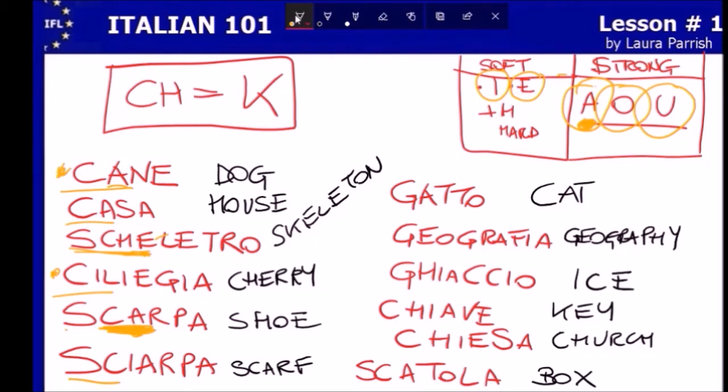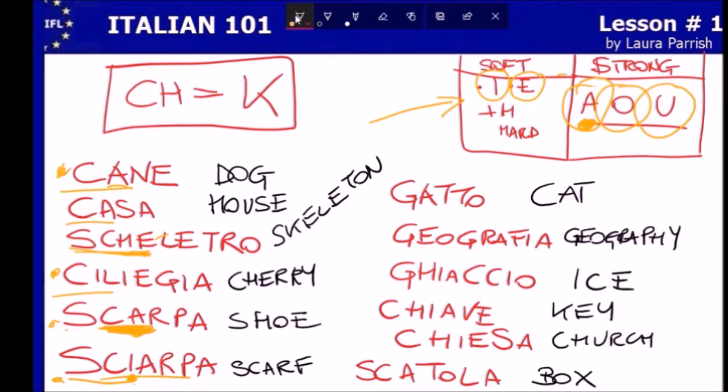Instead, here, look, just because he changed one letter, he changed the sound and he changed the meaning, you have the soft one. So you're gonna read sharpa. See? Ska, scarpa, sharpa. Because it's strong vowel, soft vowel.